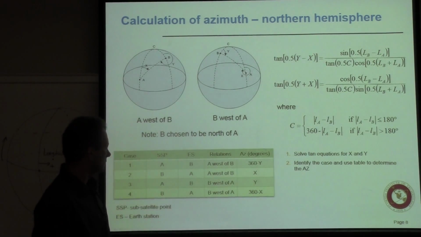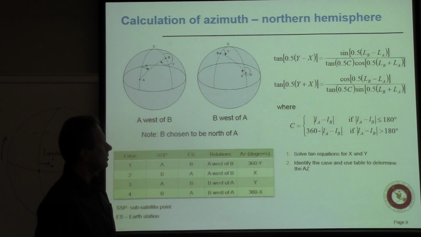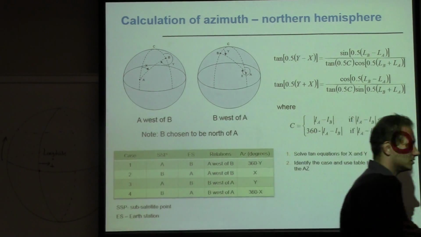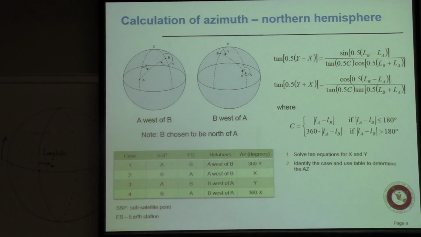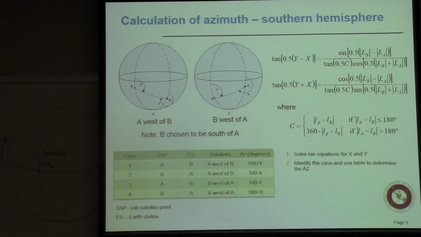And then you have all the other 4 cases that you can incorporate. So really here you have to be careful to match the appropriate case to the scenario that you're trying to do the calculations for. So this is for the northern hemisphere. This is for the southern hemisphere.